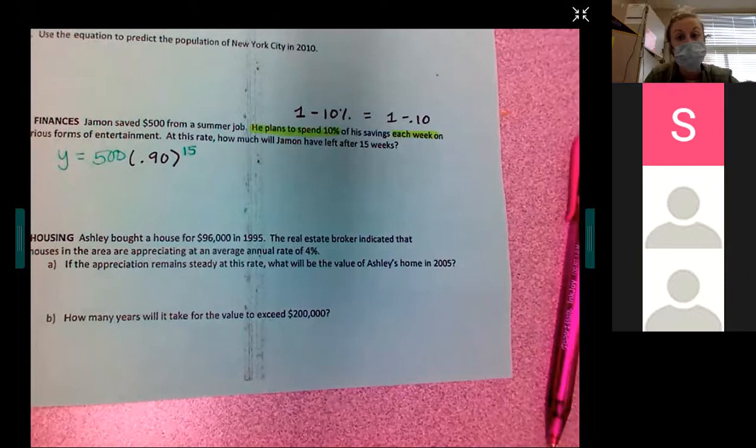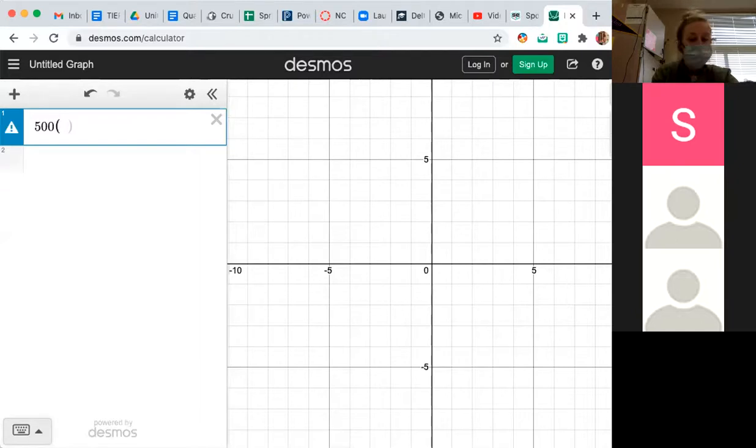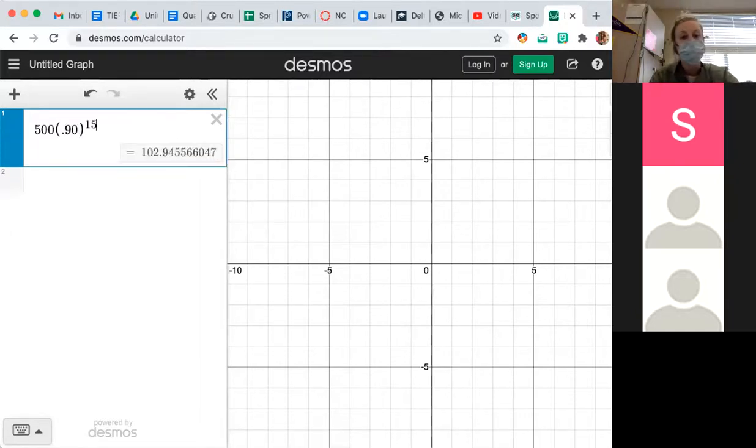Just my personal preference. All right, so we just wrote down that it was 500, times what? What was the factor? 0.90 raised to the what? Would you looky there? How much money will he have left after 15 weeks?